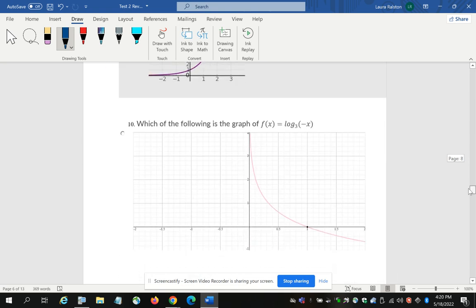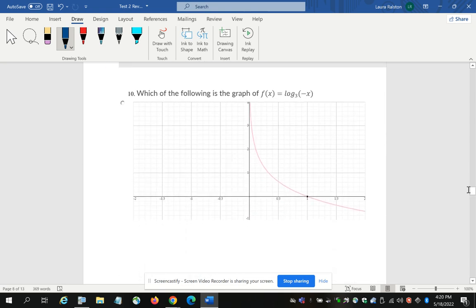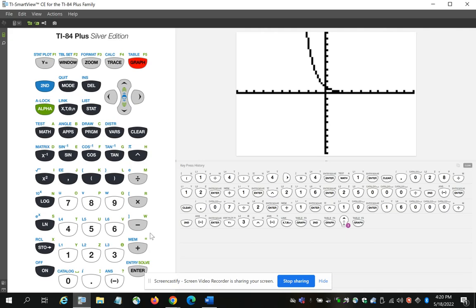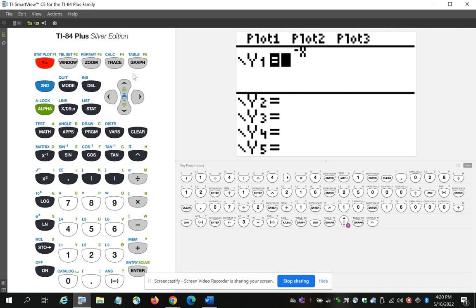Okay, question 10 is the graph of a logarithmic function. It's log base 3 of negative x. So again, I'm going to start out by graphing it on my graphing calculator. I'm going to clear this one off.